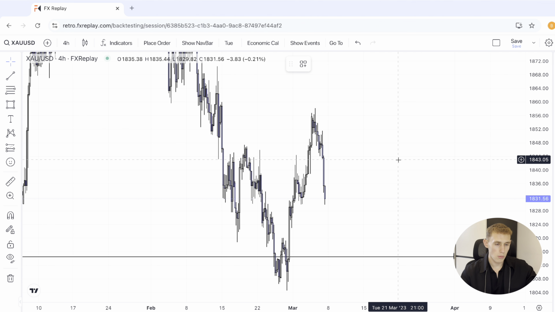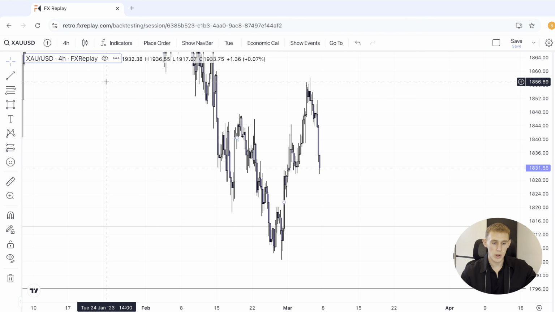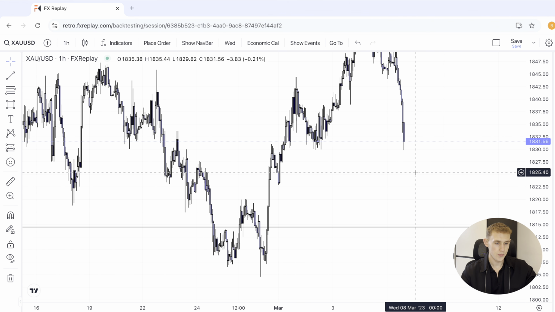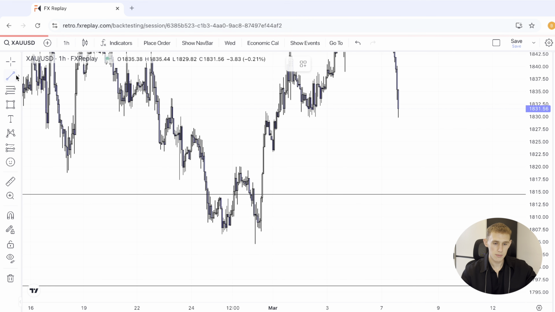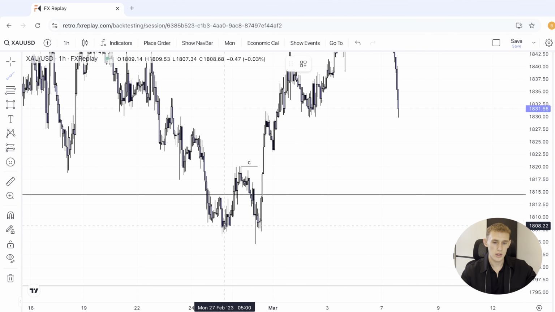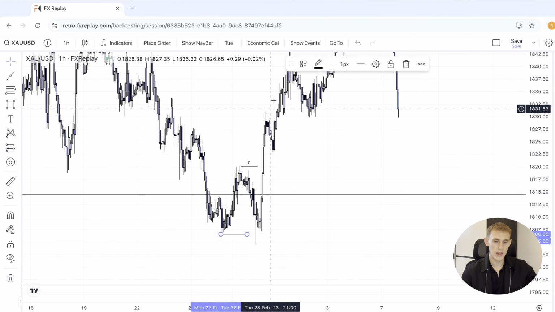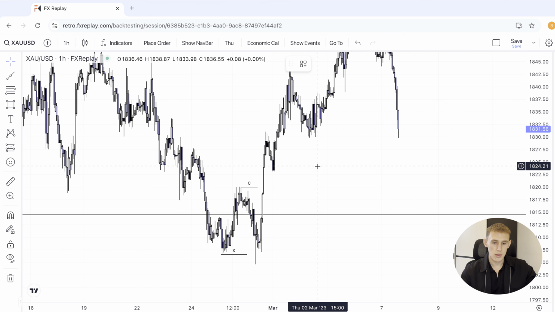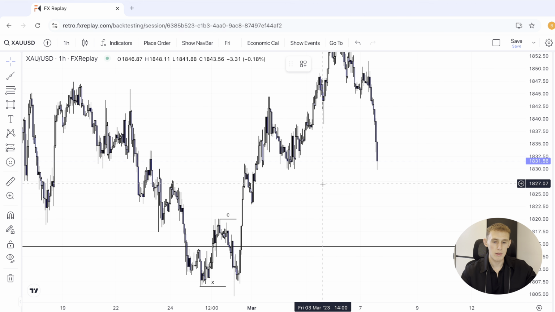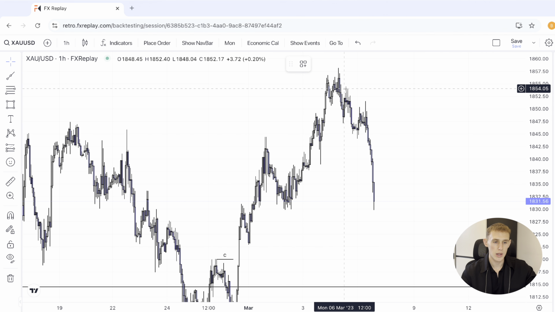What we can actually see, I'm just going to go on the 1 hour to make this clearer, is that we did have this initial change of character down here after price wicked out those lows to the left. I'm going to mark that on as well, just like that. Price looks to be retracing, but we could just be reading this as a retracement rather than a complete reversal.